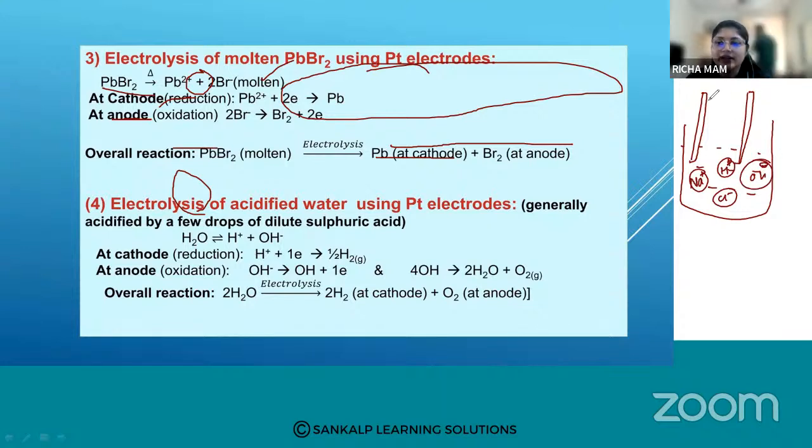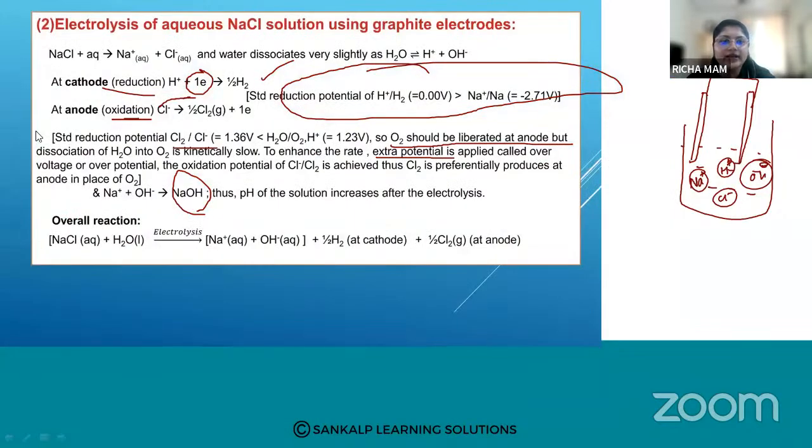When the external electric current is applied, what is formed? Na combines with OH to form NaOH. So the pH of the solution will increase after electrolysis.